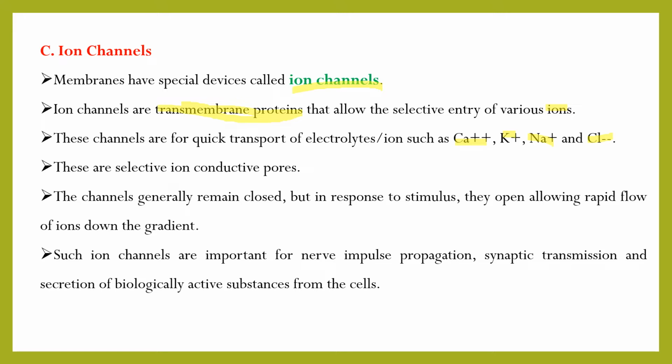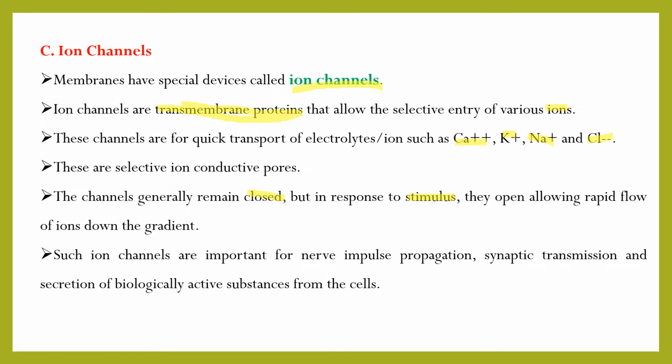The channels generally remain closed, but in response to stimuli, they open, allowing rapid flow of ions down their gradients. Whenever these ions are not needed, these channels are closed.